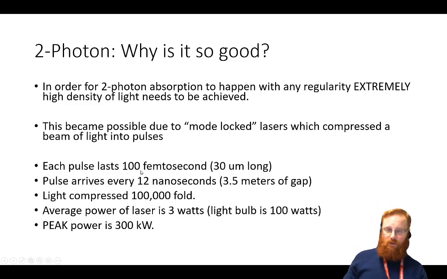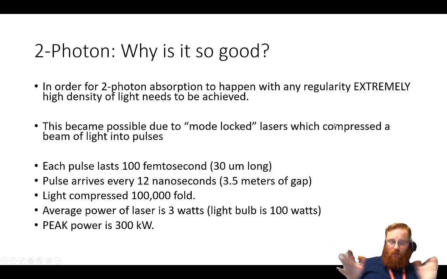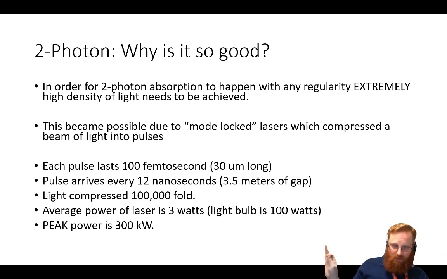So I sometimes like to think about this instead of timing, right? Because femtoseconds and nanoseconds are very hard for us to imagine. But if you had this beam of laser light sitting there and you were to freeze time, what you would see is that these pulses would be 30 micrometers long, so they are less than the width of a human hair.